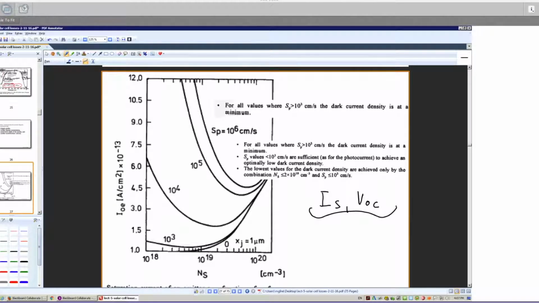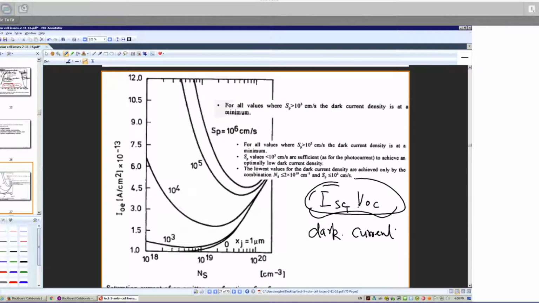What happens if there is no light and you still get current? What do we call that? Dark current. The dark current is also important because it can affect the VOC. We looked at ISC and VOC; now, for a couple of slides, we will look at the dark current as a variable. How does the dark current change with the design parameters?